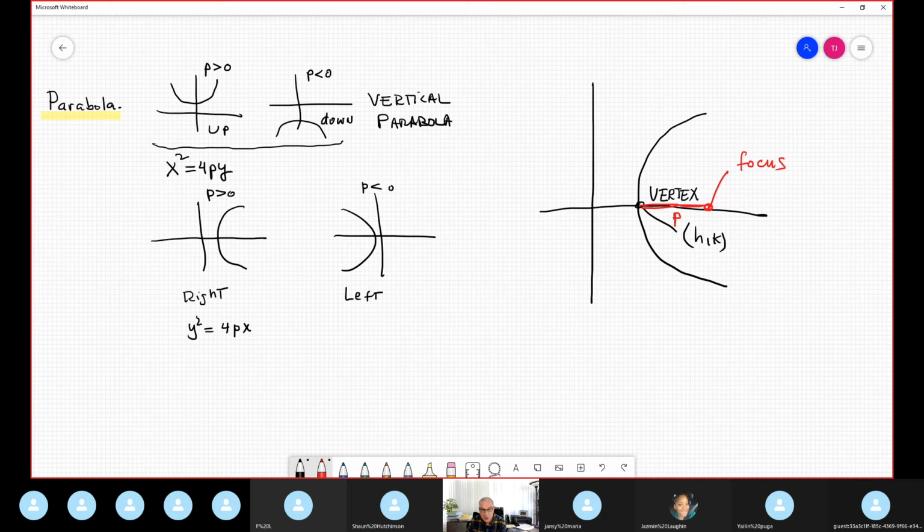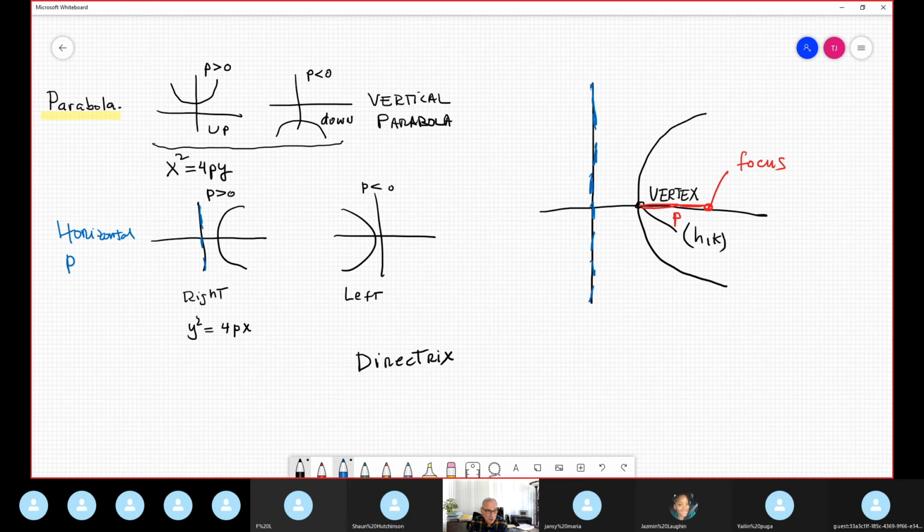And likewise, in any parabola, we have the directrix. What is the directrix? The directrix is a line. In this case, a vertical line, because the supposition was a horizontal parabola.